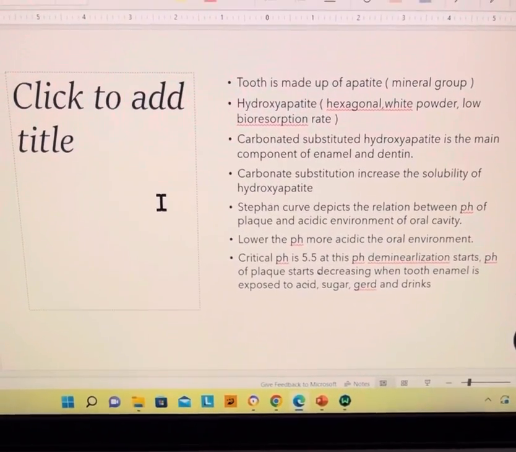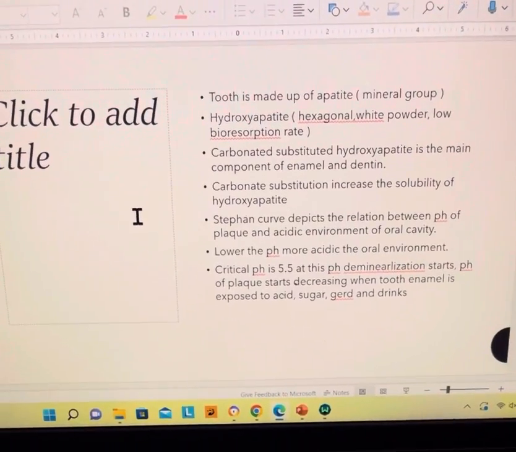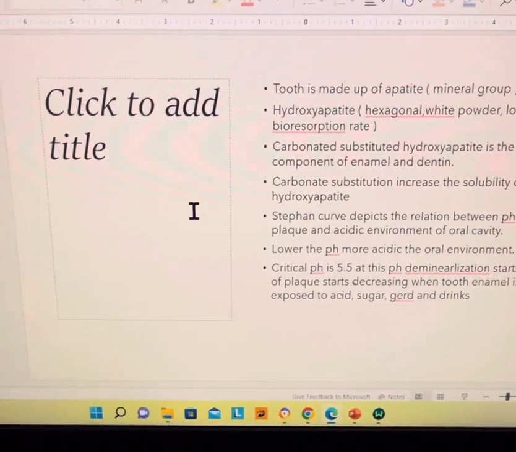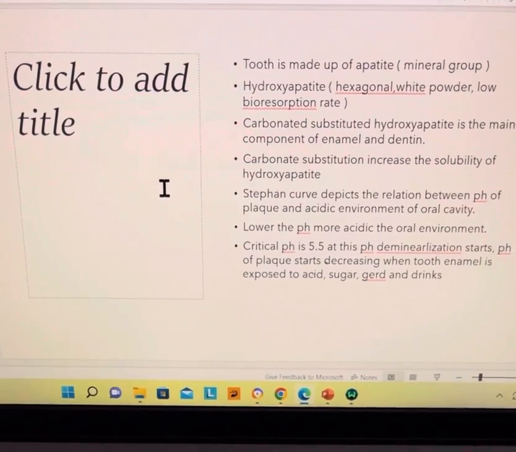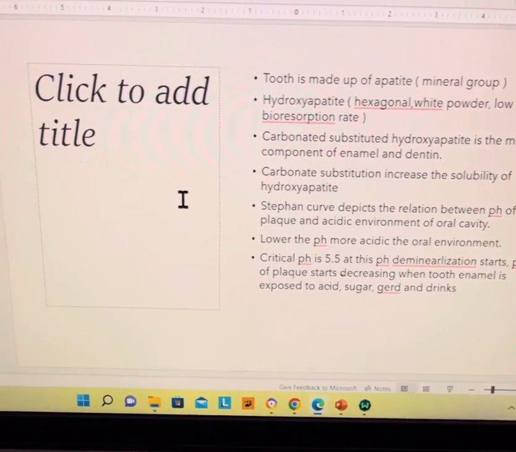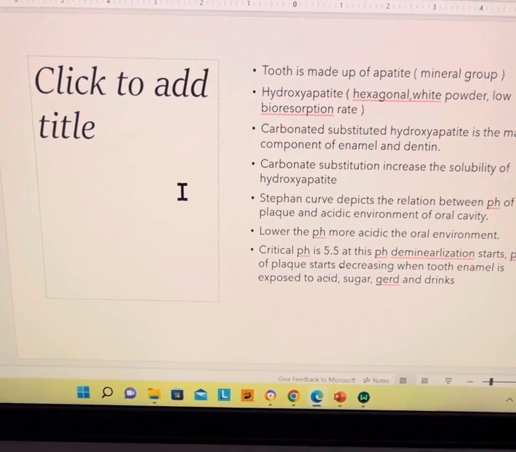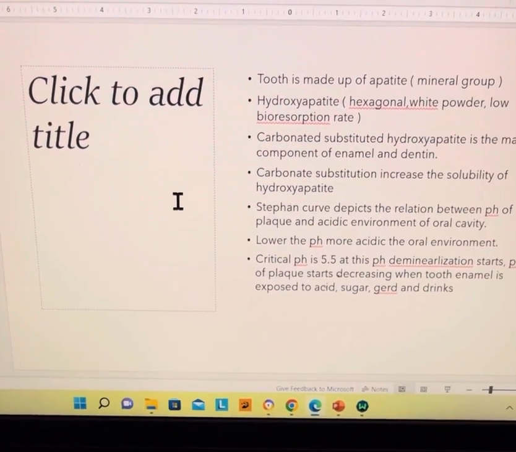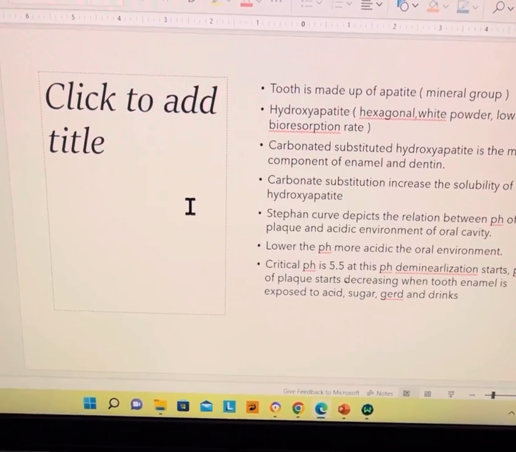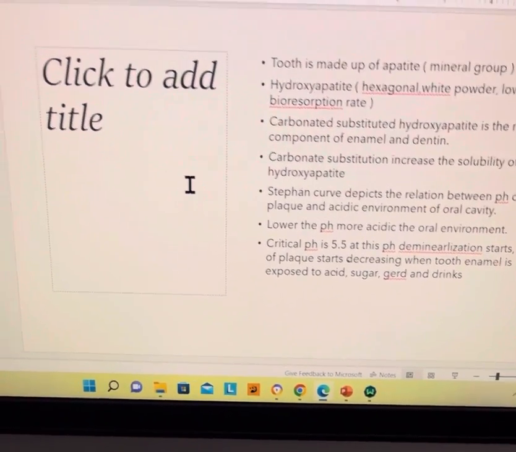Next, there is something known as the Stephan curve. The Stephan curve depicts the relation between the pH of plaque and the acidic environment of the oral cavity. As we already know, the lower the pH, the more acidic.